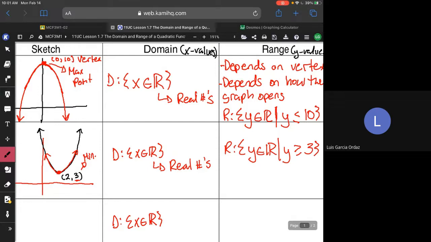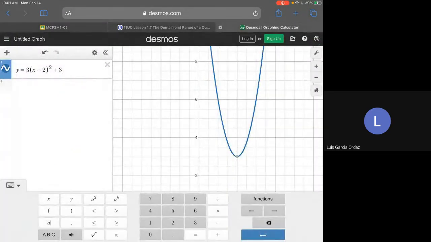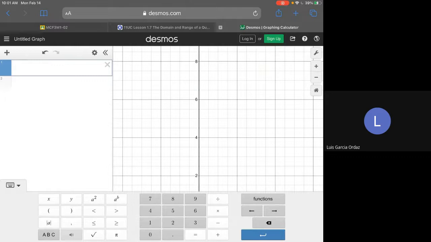Okay, if you look at the third equation, is that a linear or a quadratic equation? Linear. So my linear is still going to be x ∈ ℝ as my domain, but what do you think the range is going to be? Is there a maximum point? Is there a minimum point? What do you think it's going to be?